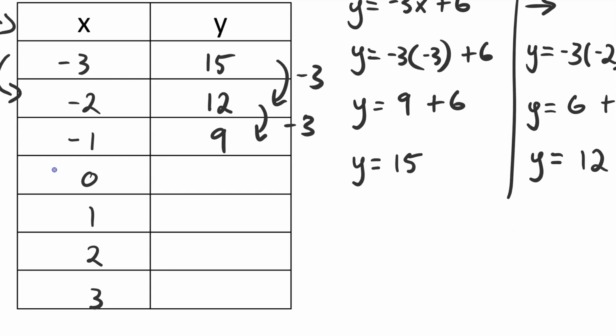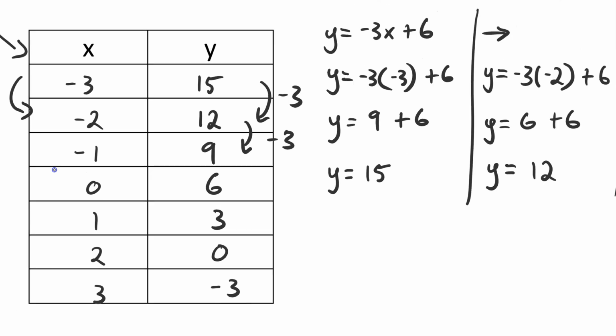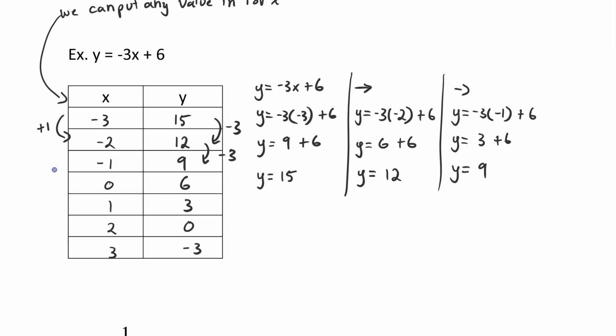So you took 3 away. Now, if we're following that pattern, we have 9, and we're taking away 3, we're going to end up with 6. 6 take away 3 gives you 3. 3 take away 3 leaves you with 0. And 0 take away 3 gives you negative 3. So that allowed us to fill in the rest of our table here.